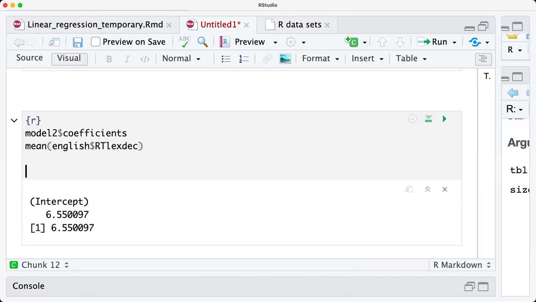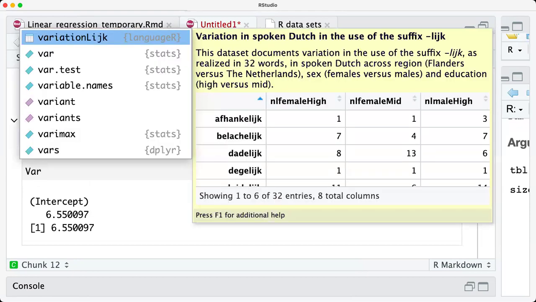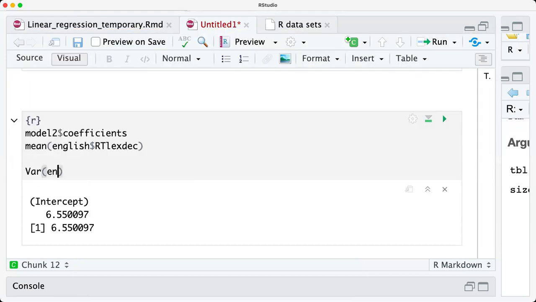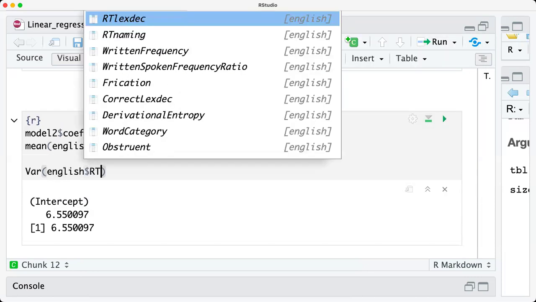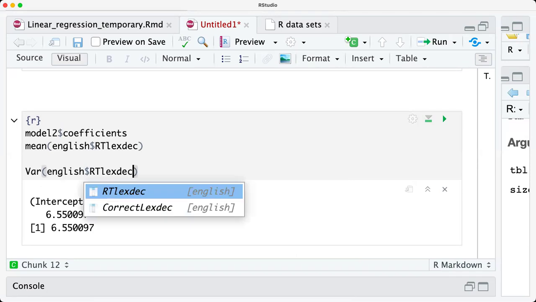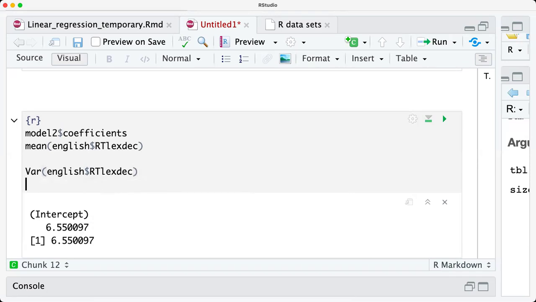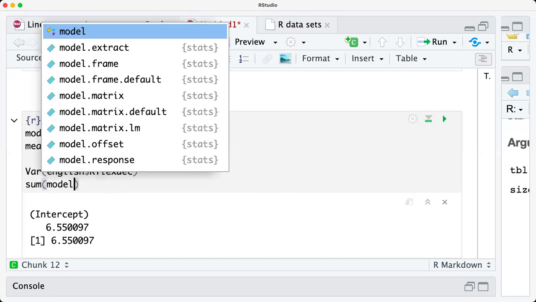Now, the sum of the squares of the residuals will be the variance. The variance of the English reaction time will be exactly equal to the sum of the squares of the residuals of the model with only a constant.